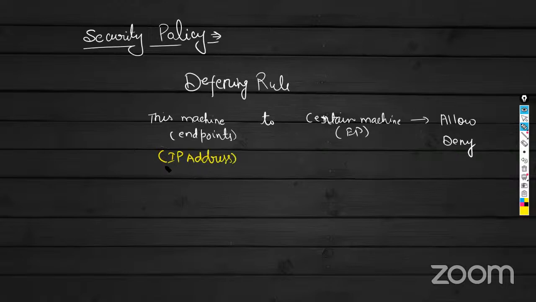Every machine in the network has a unique IP address, which is the network address of that machine. From there, we define the rule to allow or deny it.